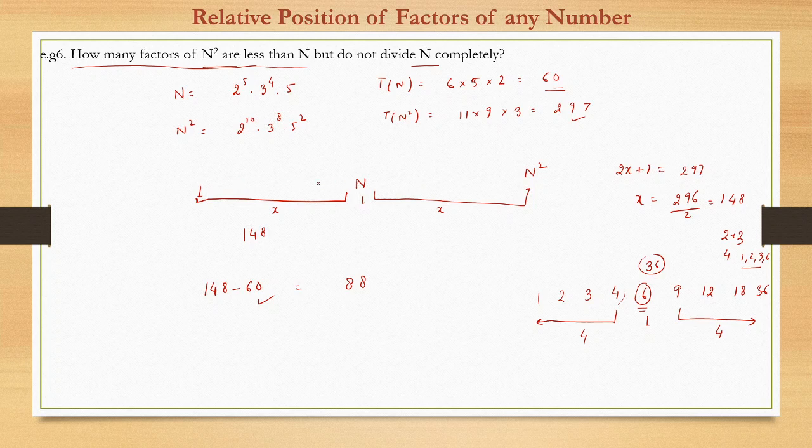On the factor of 6 here, 1, 2, 3 will be factors of 36, but only 4 is not a factor of 6. So those factors of n would be lying here, but there would be some other factors of n square which may not be factors of n. That is 148, and n has 60. I think this 60 includes even n, so here we need to add 1, 148 plus 1. So here we get 89 as the answer. Got the point here? So 89 would be the answer here.